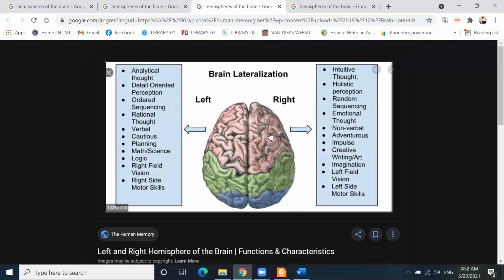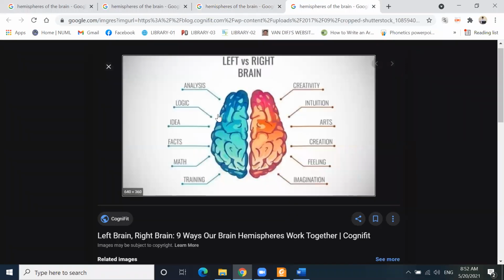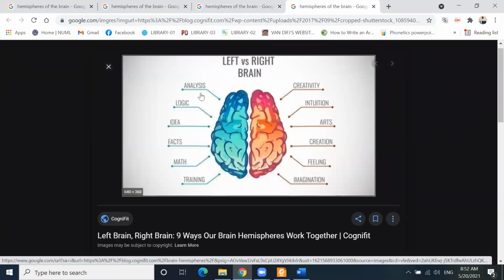Now, if you have seen left-handed writers, those people who write with their left hands, most of the time they are very creative. Why? Because all the time they make use of their left hand while writing.